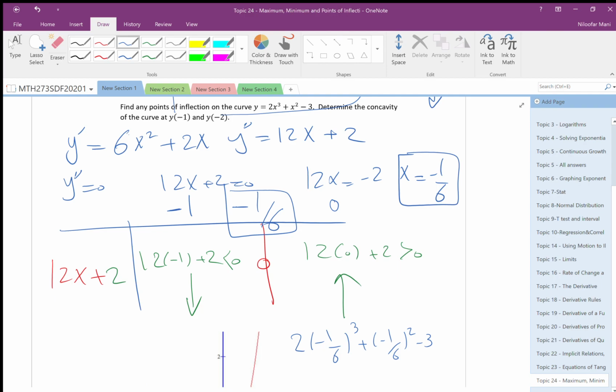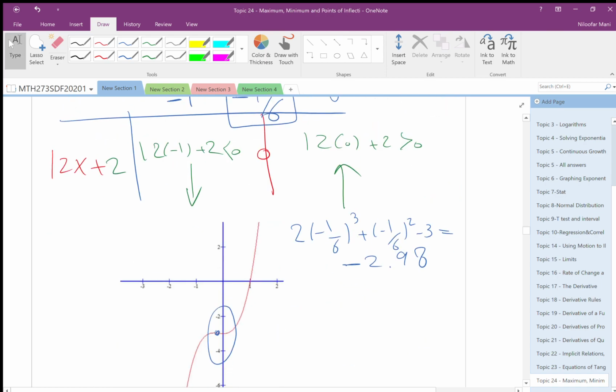So 2 times minus 1 over 6 to the power 3, that's cubed, plus that squared, minus 3, which is minus 2.98.